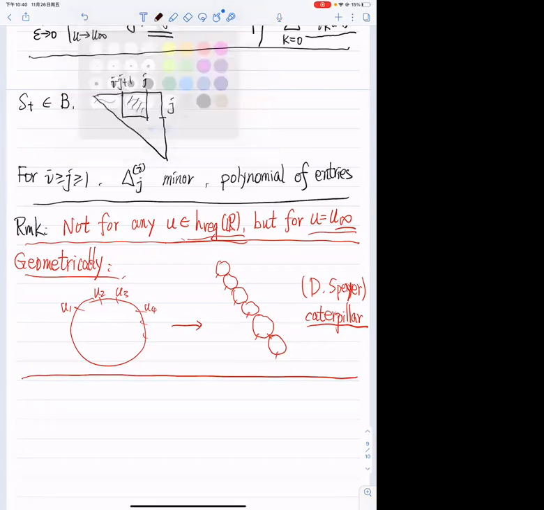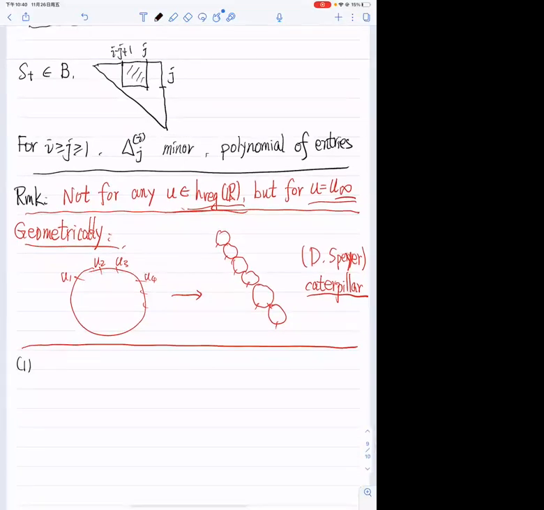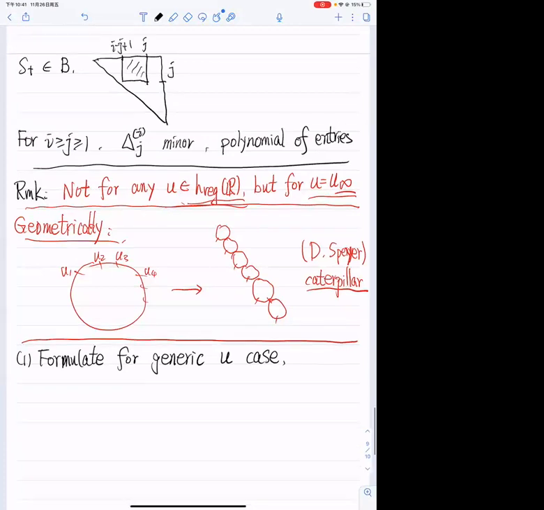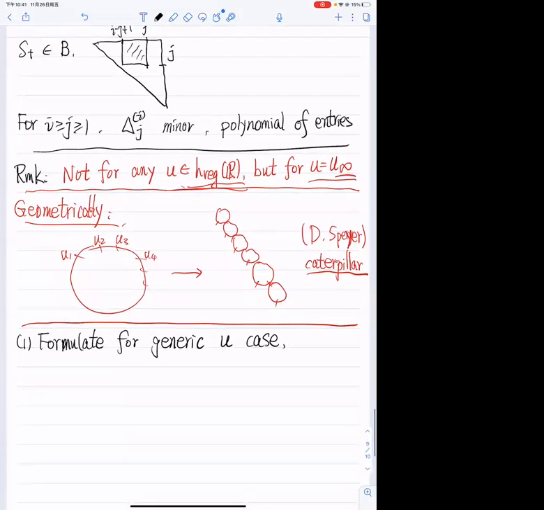Okay, so in the following, I'm going to do two things: formulate an analysis as well as an algebraic curve formulation for the generic U case, or conjecture.